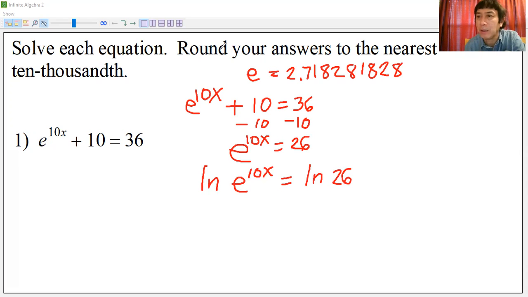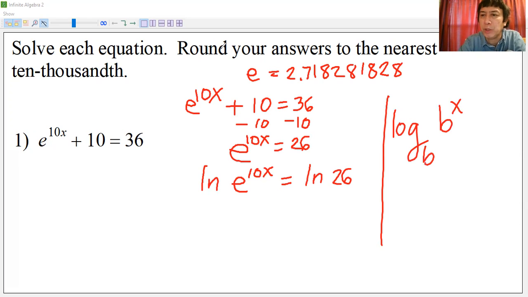And so ln and e are inverse functions, and it follows the rule in logarithms: the logarithm of b to the x, to the base b, is x. We still remember this property. So if we have the logarithm of e to the x, base e, which we don't usually write, this is also equal to x.